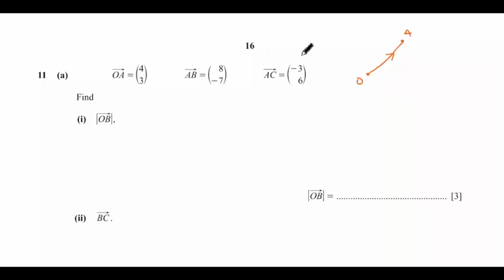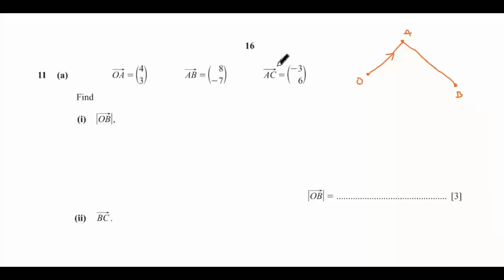And if you look at the next one, which is AB, x equals 8 and y equals -7. So it will be coming towards this direction. B will be here, because the x value is +8, you come forward, and the y value is -7, you have to come down.